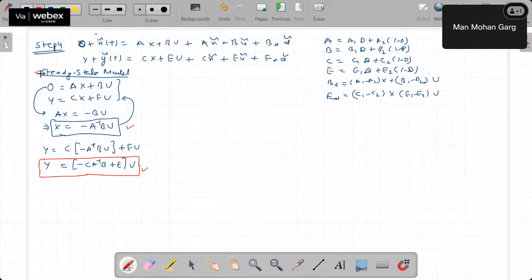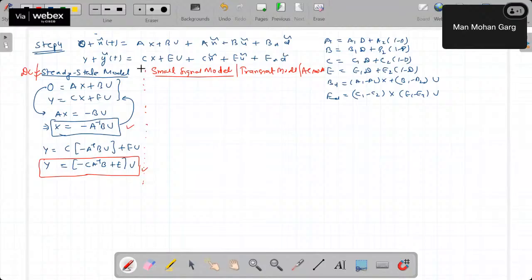This is called the steady state model, or also the DC model. Now the next one, which is also very important from the controller design point of view, is the small signal model, or you can say the transient model, or sometimes also called the AC model.